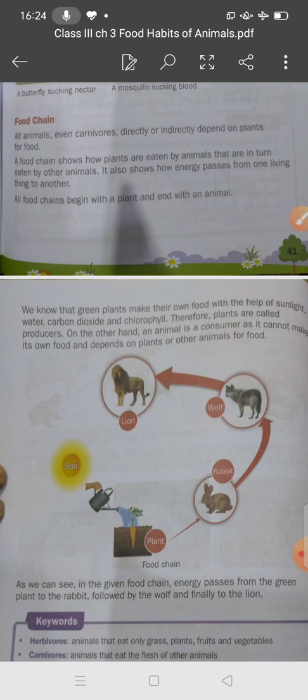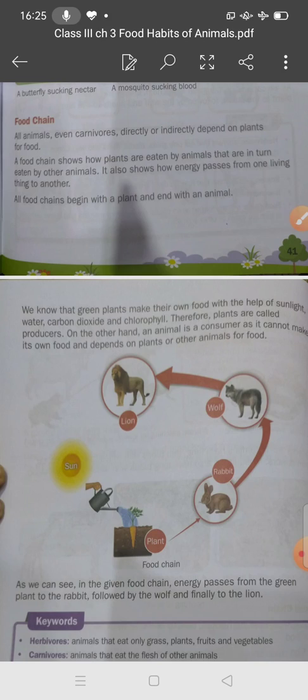I will give you one example. For example, a plant is eaten by herbivores. Suppose deer: deer eat the grass. In other words, grass is eaten by deer or rabbit. And the rabbit or deer is eaten by a lion or tiger.